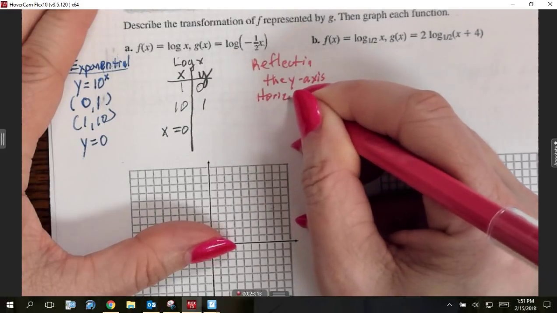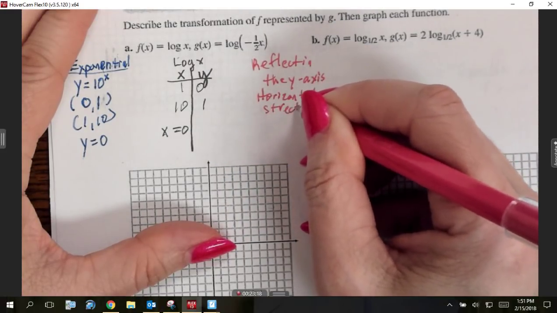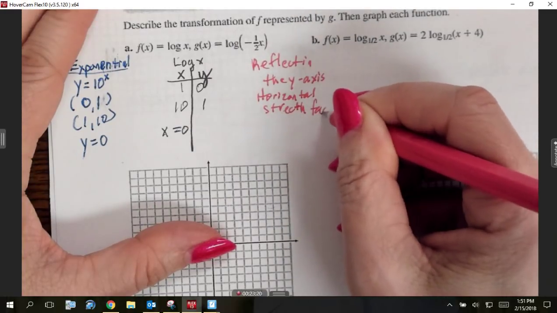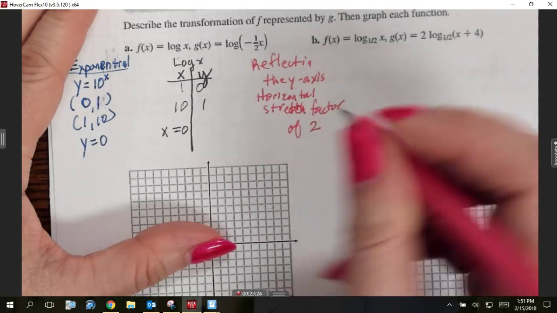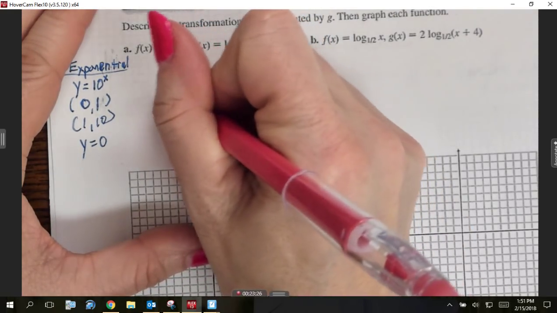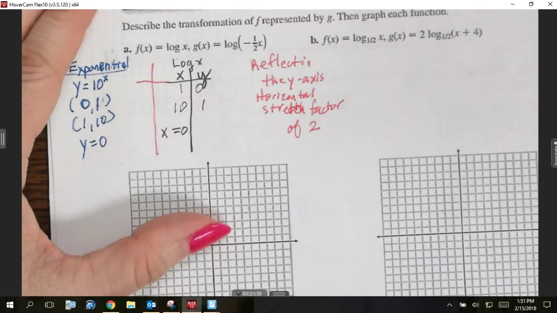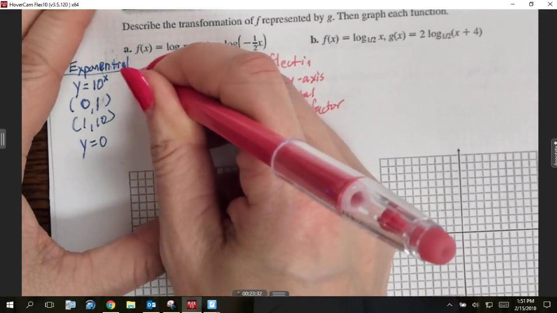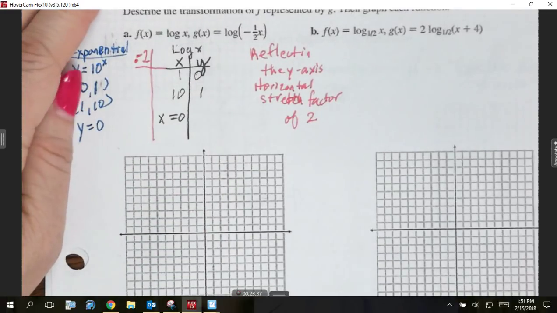What is it? Stretch. Factor of what? Factor of 2. So to our x values, we will multiply by negative 2.